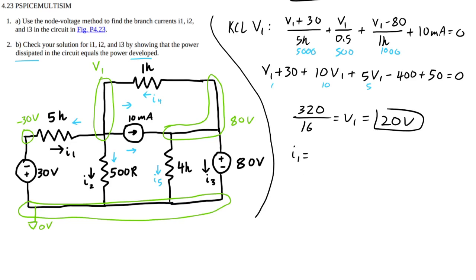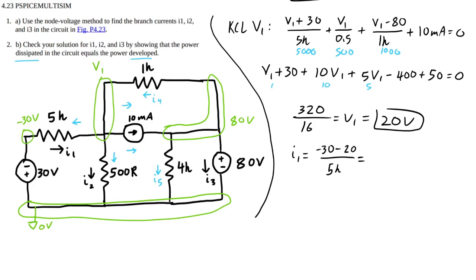So I1 is going to be V1 minus 30, so plus 30 over 5K. Did I do that? Oh, sorry. I did the wrong direction. Good thing I checked. So it's minus 30 minus V1, which is 20 volts.